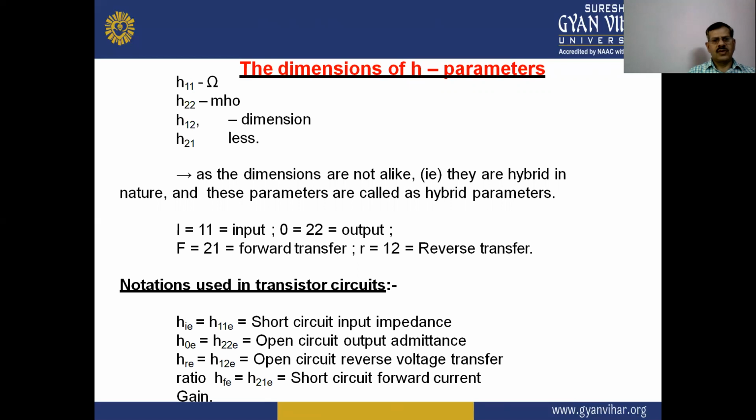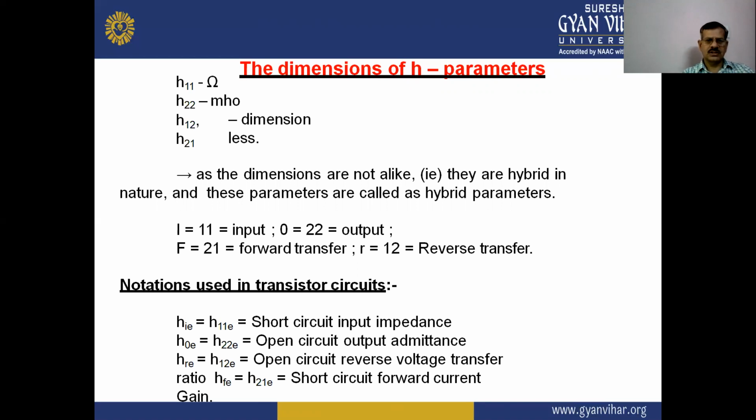In the subscripts, I equal to 1, 1 means input, and O equal to 2, 2 means output. F equal to 2, 1 means forward transfer and R equal to 1, 2 means reverse transfer.